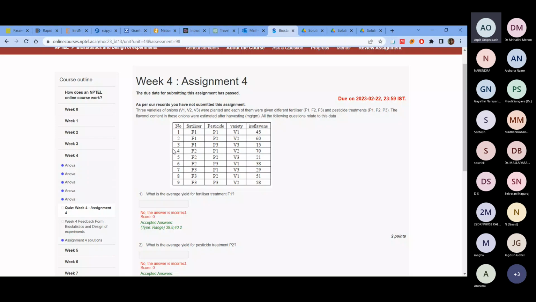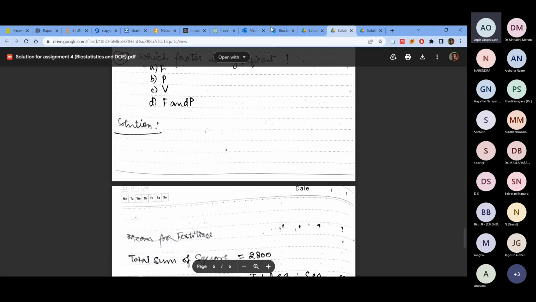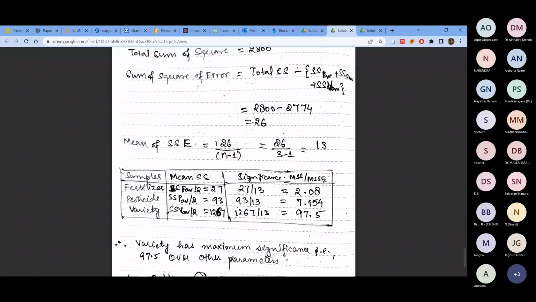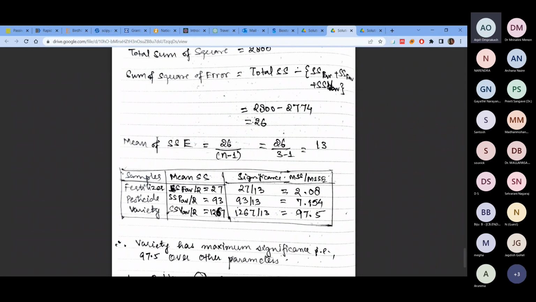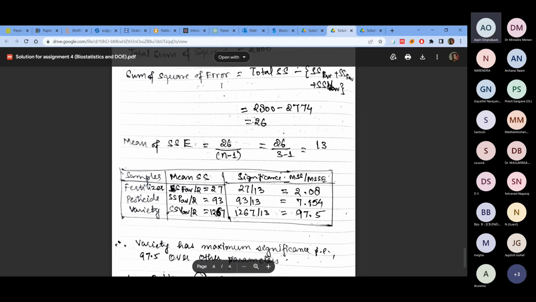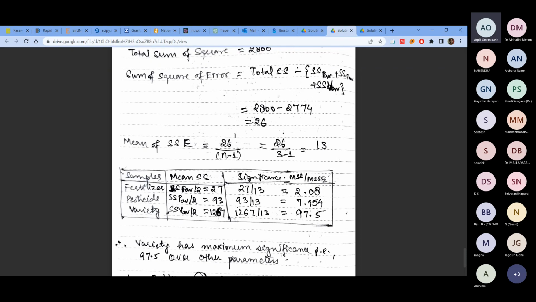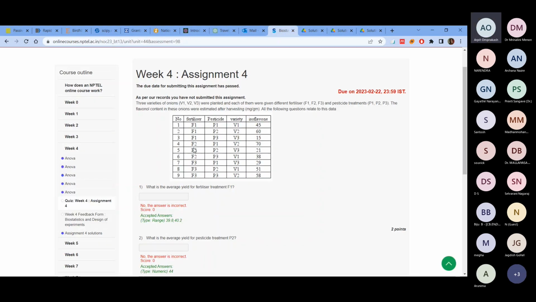So in total we have 9 points. So the degrees of freedom for the total sum of squares will be 9 minus 1, which is 8. Then for each of these categories, fertilizers, pesticide, and variety, we have 3 types: F1, F2, F3, P1, P2, P3, V1, V2, V3.